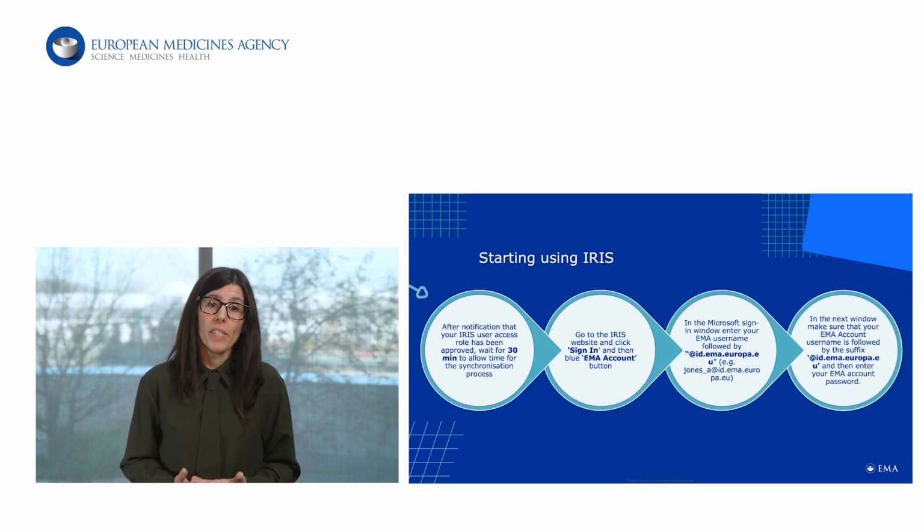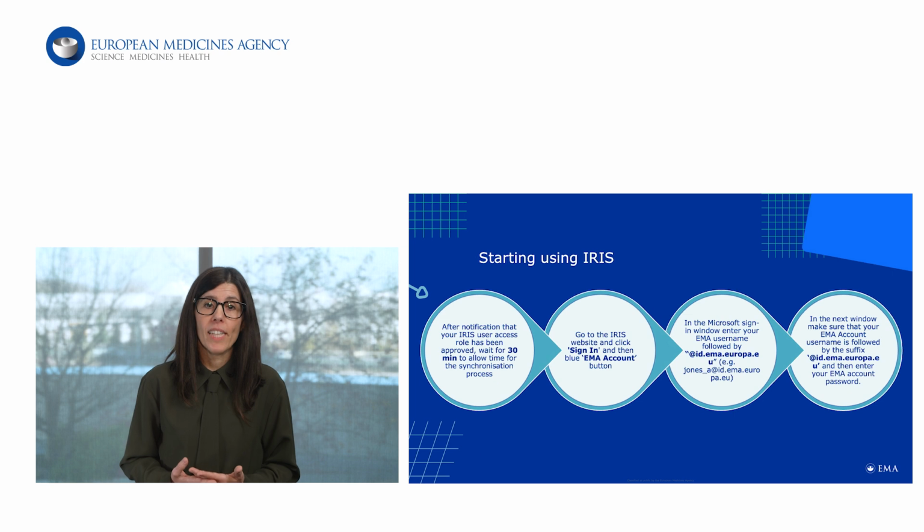To start using IRIS, please follow these steps. 1. After notification that your IRIS user access role has been approved, wait for 30 minutes to allow time for the synchronization process. 2. Go to the IRIS website and click Sign In and then the blue EMA account button. 3.